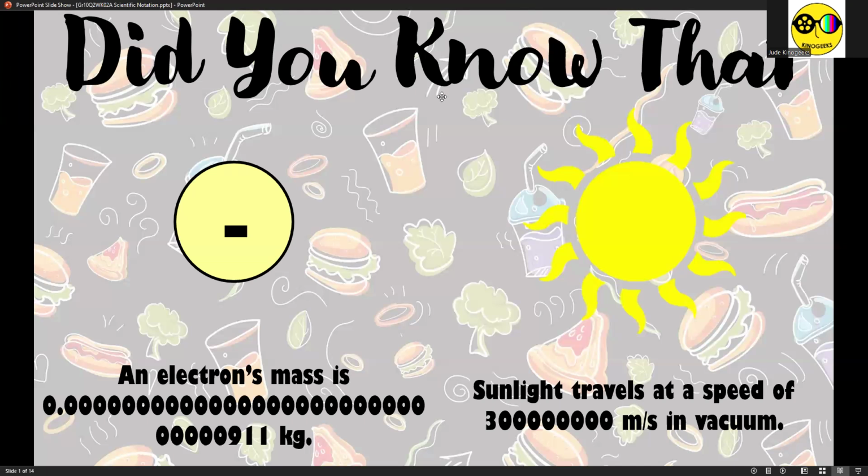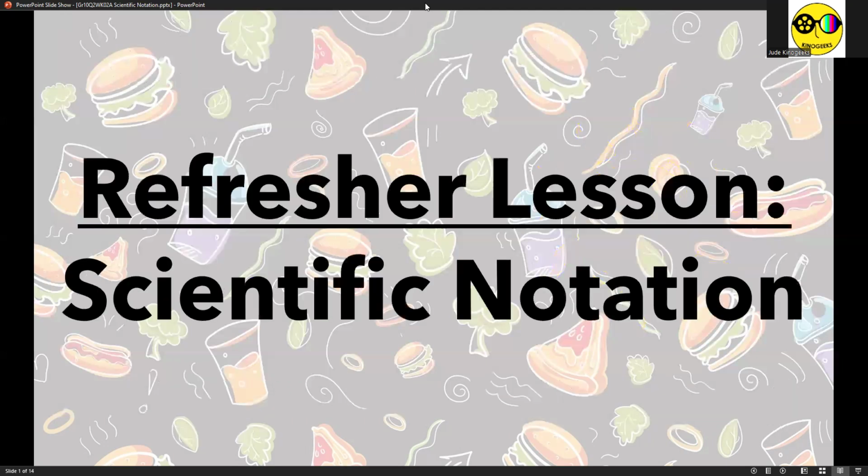You might notice that not only do these numbers have a lot of zeros, they are too long to write and to say as well. You might be wondering if there is any method to write and say these very long numbers in shorter ones. The answer is yes, with the help of our lesson, scientific notation.